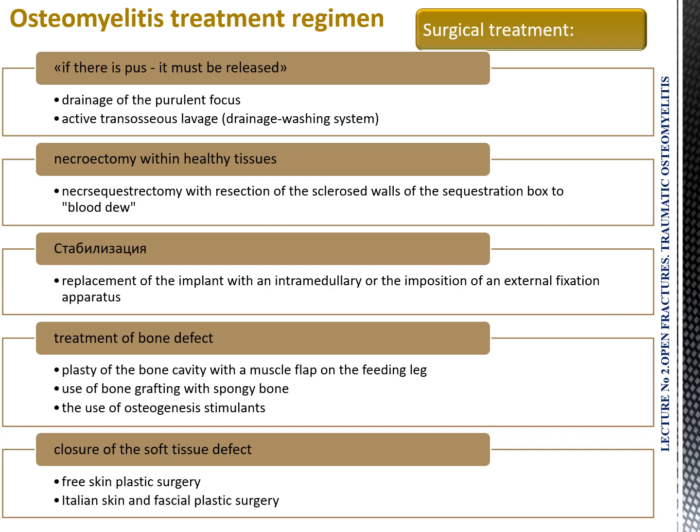Considering that the root cause of our post-traumatic osteomyelitis was a fracture, the question of the correct stabilization of our fracture is necessarily raised. If we have chronic osteomyelitis on the background of an already fused fracture, then the tactics are relatively simple here.